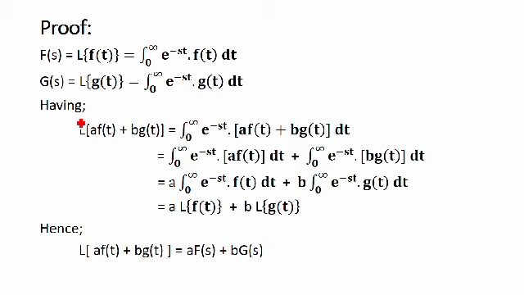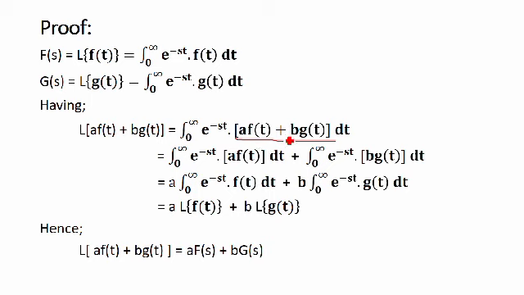And then the Laplace transform of the constant a times f of t plus the constant b times g of t is equal to the integral from 0 to infinity of exponential negative st times the expression, times dt. We know that this is the expression for getting a Laplace transform of any function.